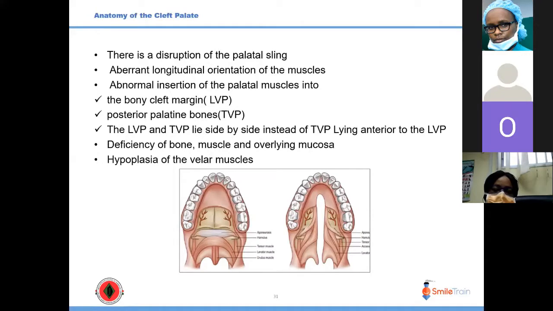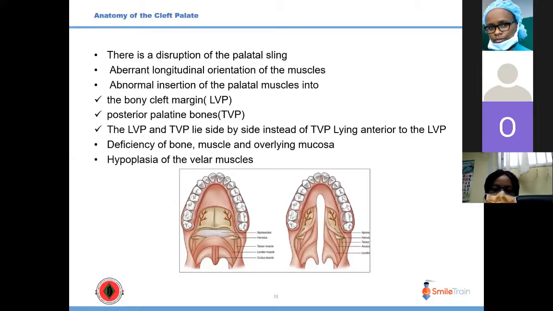If we compare the normal palate with the cleft, we will see that in the cleft palate, there's a defect of bone in the midline, there's a defect of muscle in the midline, the subpalatal region, and there's also a defect of the overlying mucosa. In the cleft palate, the arrangement of the muscles is distorted.